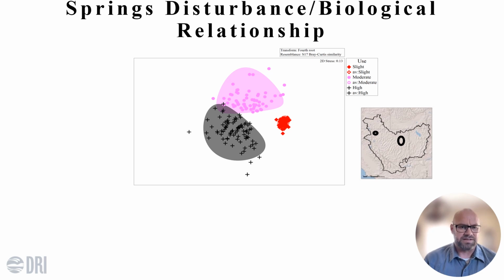of disturbance. And what you can see is with just slight disturbance, we have a very compact BMI community structure. But when we start to get into moderate and high levels of disturbance, we see a lot larger range of BMI communities in those systems.